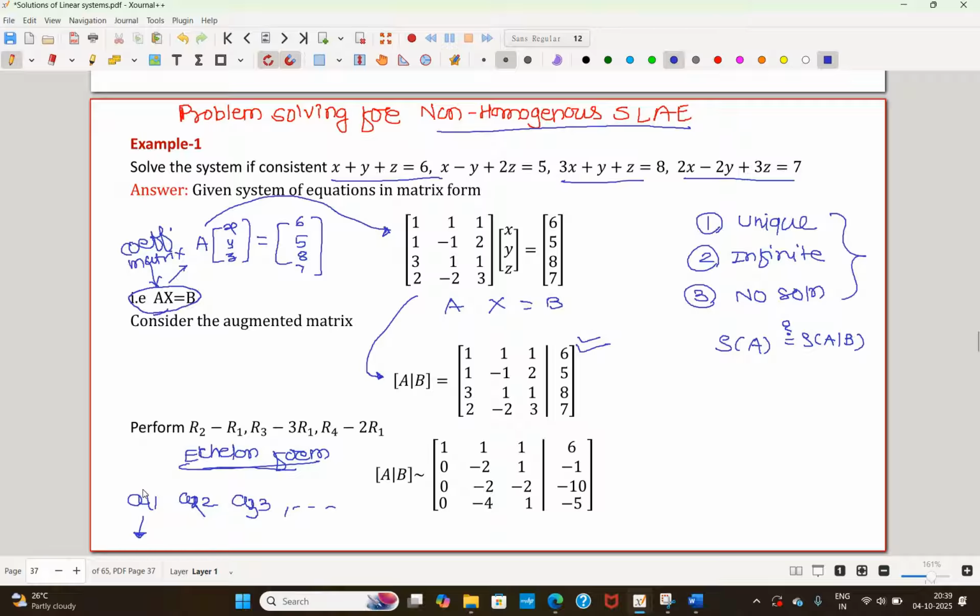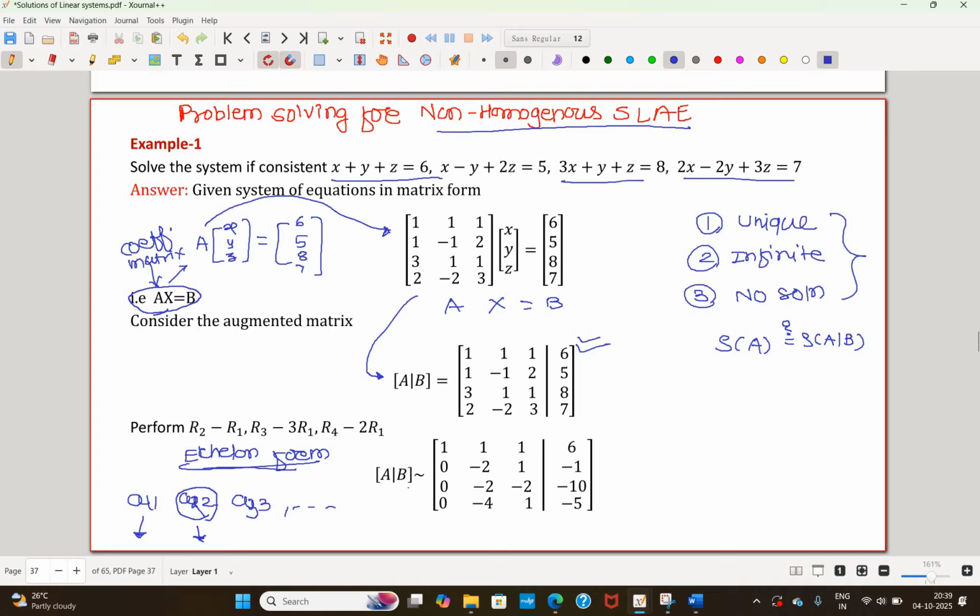In the first step, we try to get a non-zero element, generally 1, at this position and the elements below as 0. In the second step, we try to get 1 or a non-zero number at this position and the members below as 0, and so on. So here, let me explain how it goes.